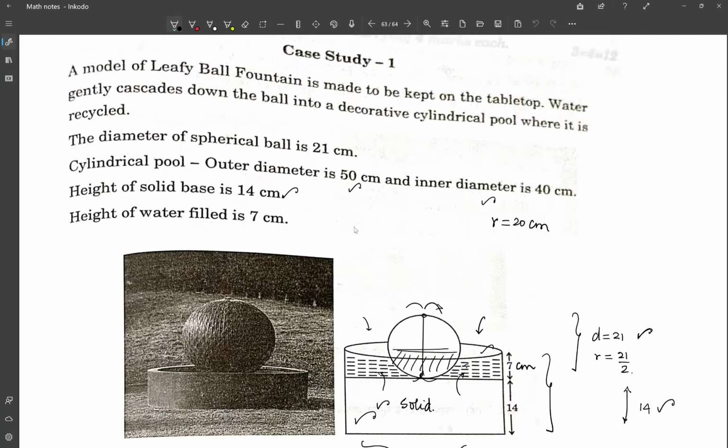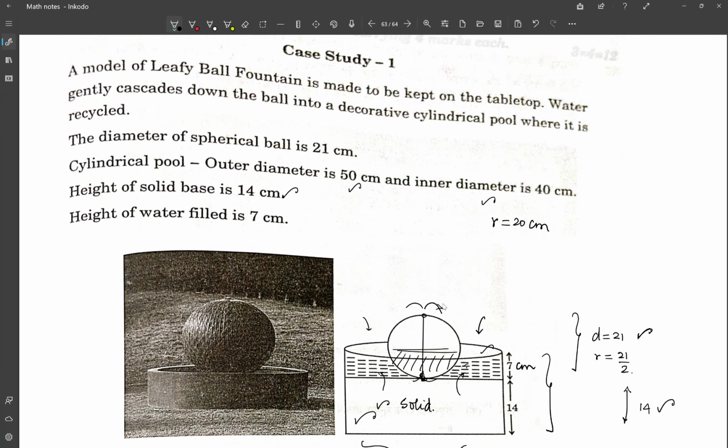Now this is a sphere, correct? Now the sphere would be touching this solid part. We can imagine it like a tangent touching a circle. A sphere would rest on the solid part at just exactly one point. So we will include the whole of the sphere that can be touched.